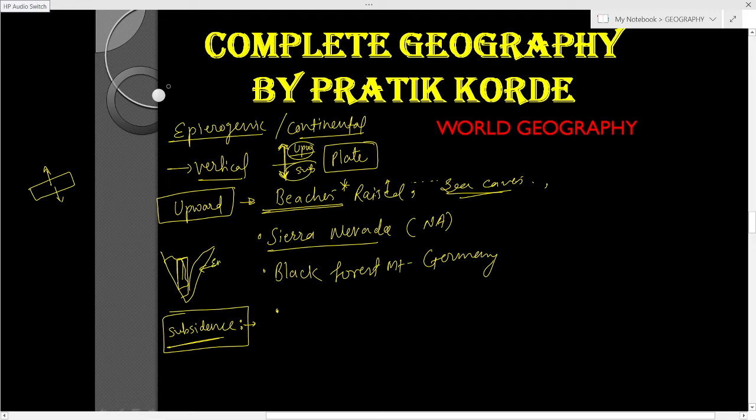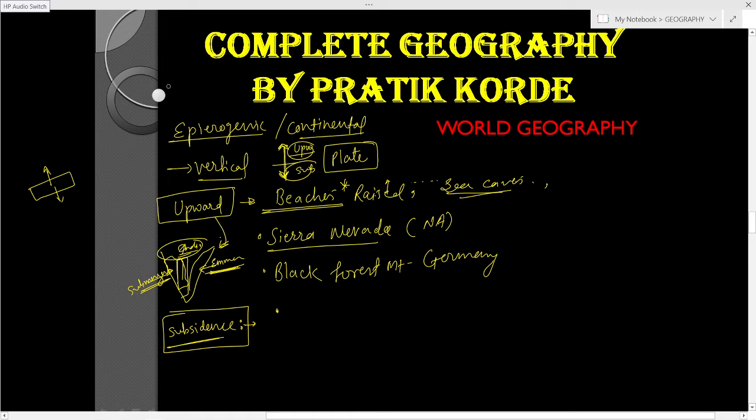So here we call it emergent coast, and here it is submergent. So the Western coast is submergent and the Eastern coast is emergent coast as far as India is concerned. So yes, you can cite the example of India here, Eastern coast on upward movement.